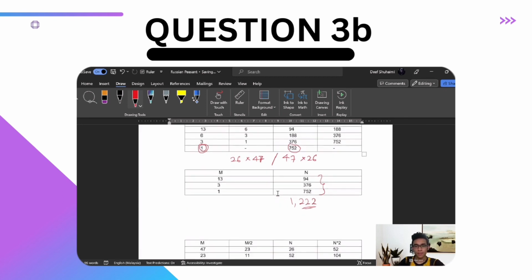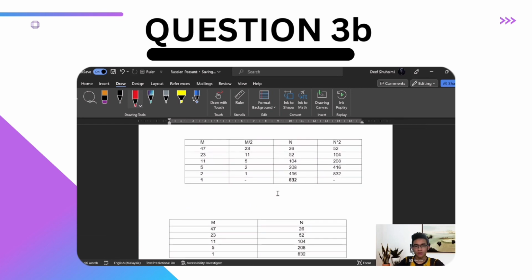I'll be showing you the process of multiplication 47 by 26. Actually it's still the same. We're still using the same Russian peasant algorithm.